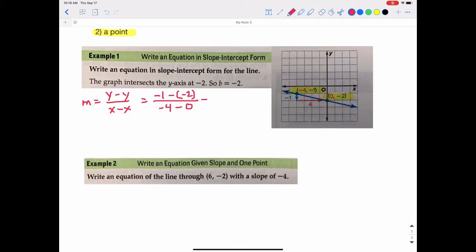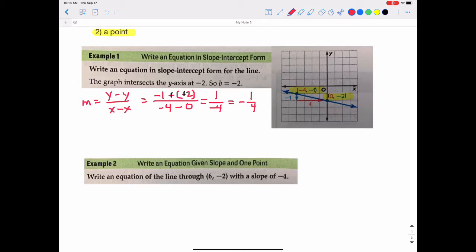And then, of course, we've got -1 minus -2, so that means I should change the signs and turn that to plus and plus. And that will give me -1 plus 2, which is 1. And -4 minus 0 is -4, and a positive over a negative simplifies to -1/4.